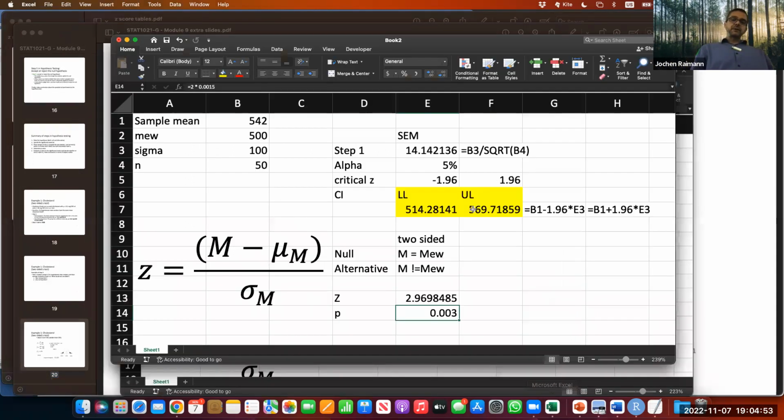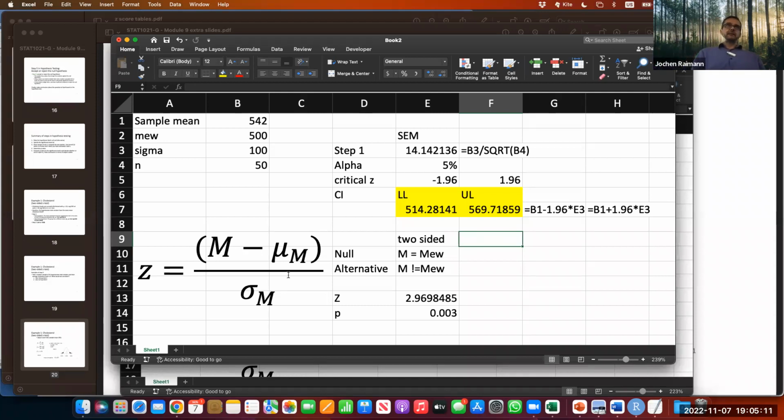Good. So now when you come to a 2-sided test, you also want to do a 1-sided test, right? With a 1-sided test, you have a directional hypothesis. So now hypothesis number 1, look at this formula.